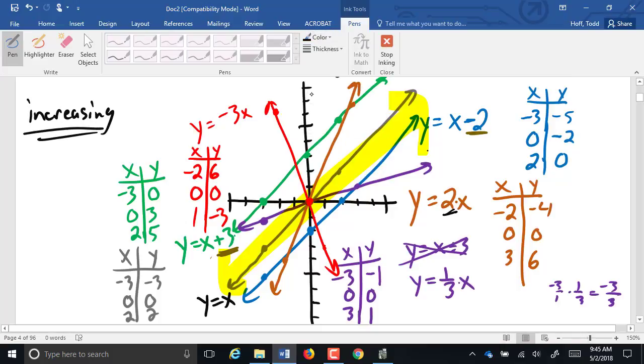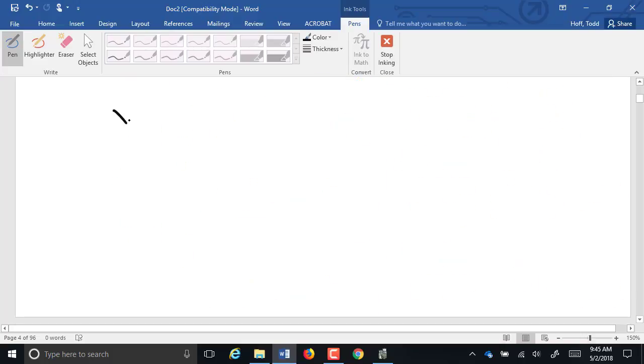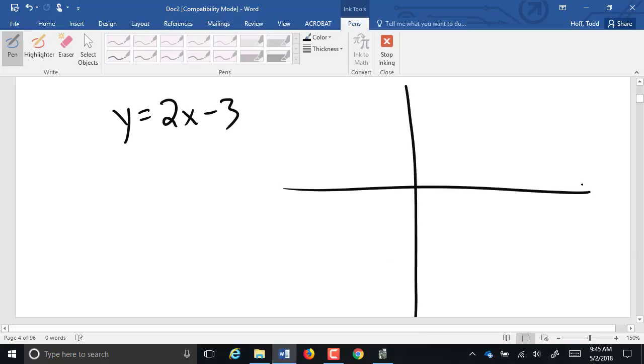So what we've seen here is there are really only two things we can do to a line. We can move it up or down, or we can change its angle on the graph. So let's take a look at y equals 2x minus 3. This number out here, all by itself, added or subtracted technically, tells us how far we're going to move up or down from the center of the graph to start this.